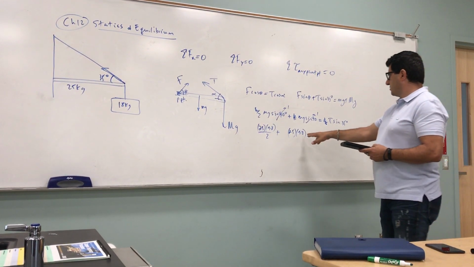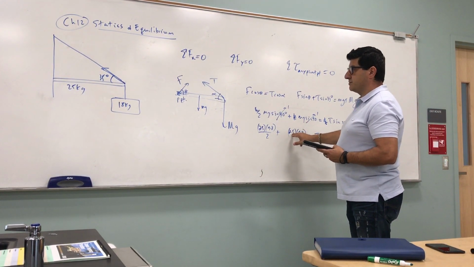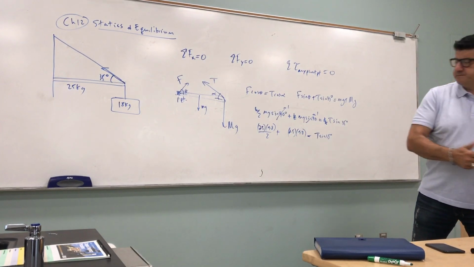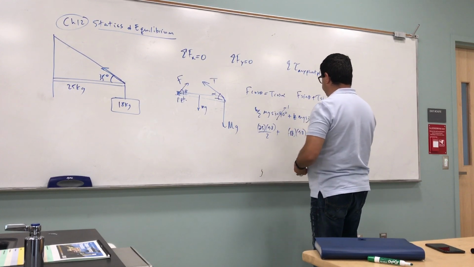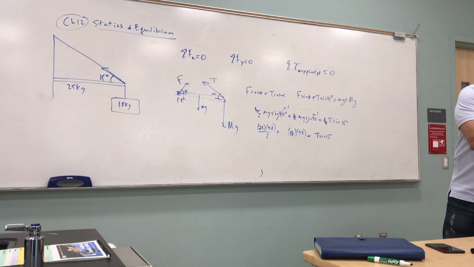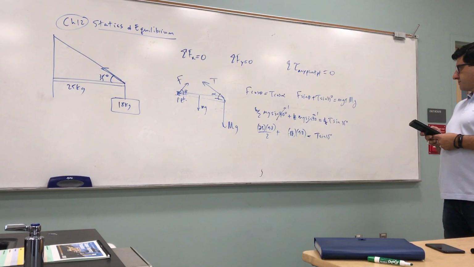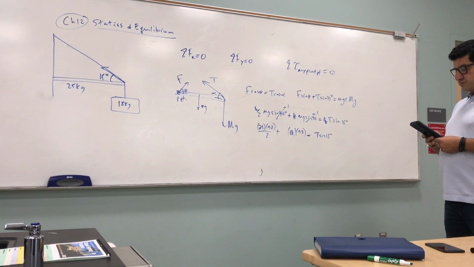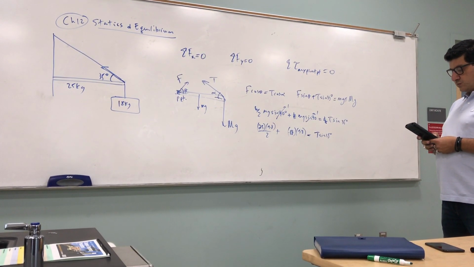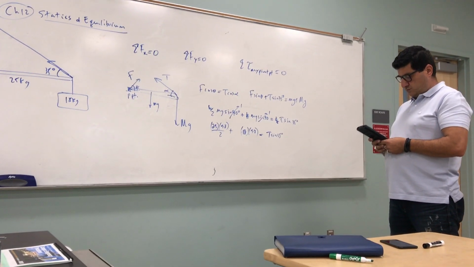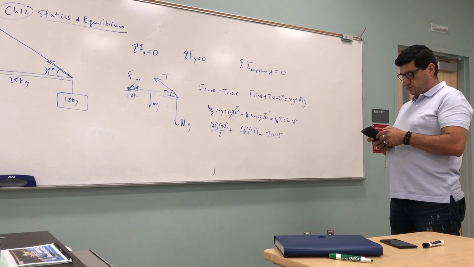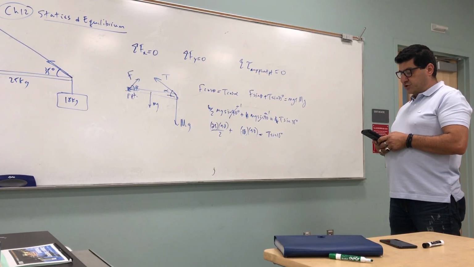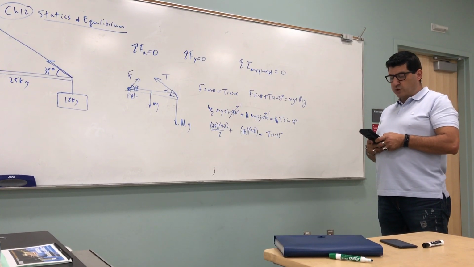Oh, I think this is wrong. Hold on. This should be 18, right? The mass of the sign is 18. So then, if you do that, you get what here? 521.1.